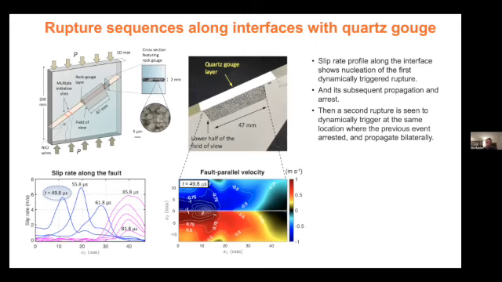So here we have developed a hybrid configuration where we combine the best of both worlds, where we have an analog material in the bulk, so that we can nucleate ruptures with relatively small length scales. And once the ruptures are well developed, they can enter a portion of the interface which is enriched with a rock quartz, in this case a gouge layer, so that the rheology of the interface is controlled by the quartz gouge.